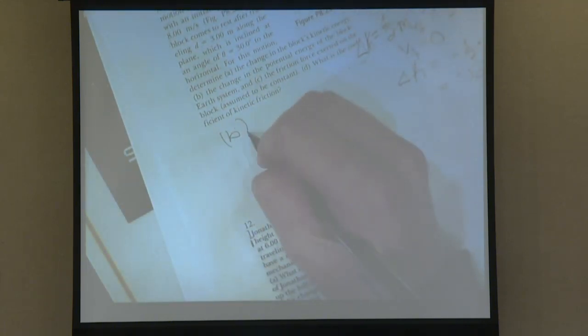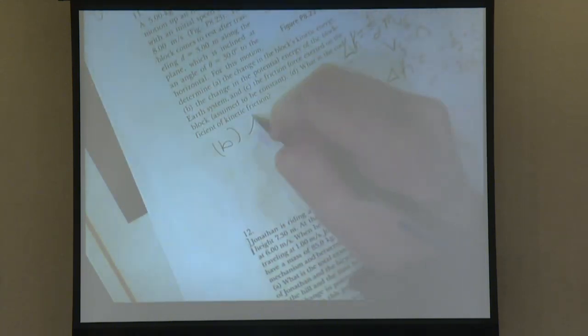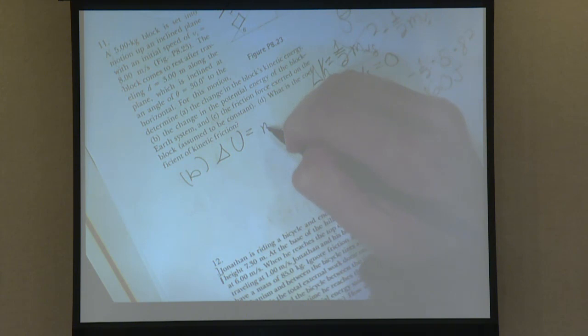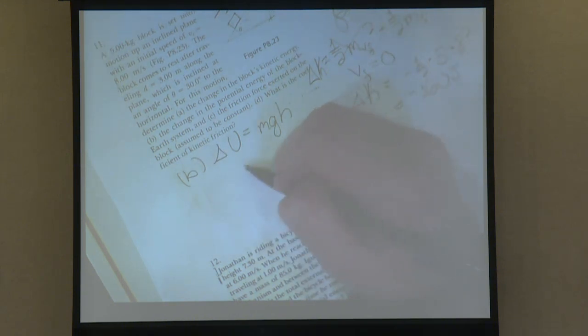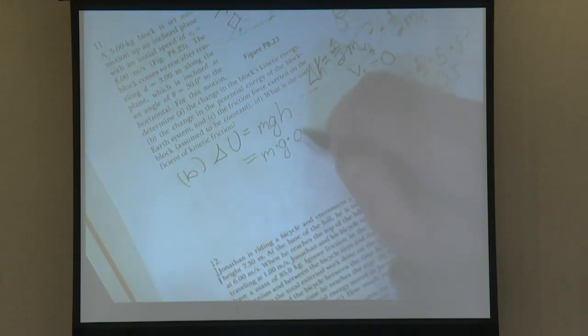Okay. For part B, we're looking at the change in potential energy, which is usually mgh. In this case, we don't know what our h is. We only know our angle and our distance. So we know that it's going to be m times g times our distance times sine 30.